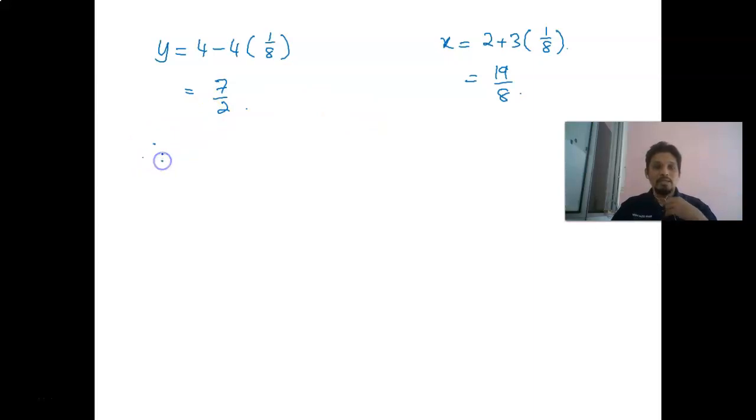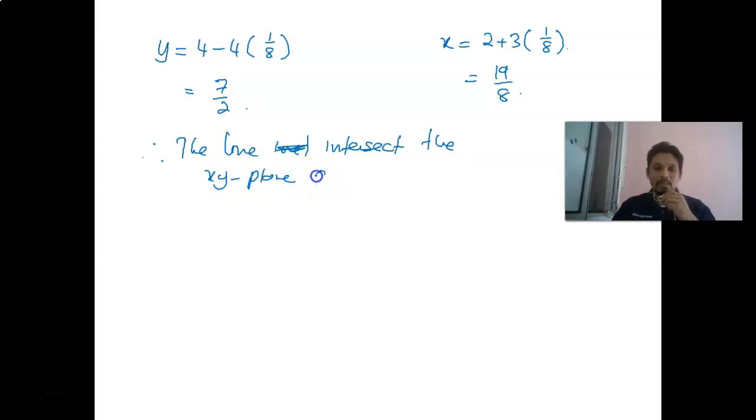So the final answer: the line intersects the xy plane at the point (19/8, 7/2, 0).